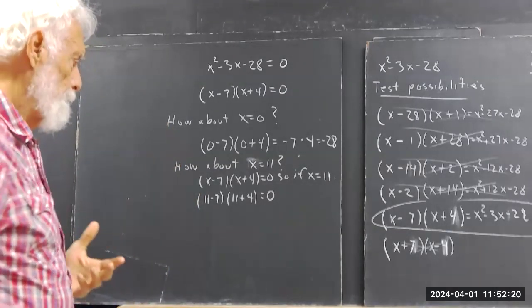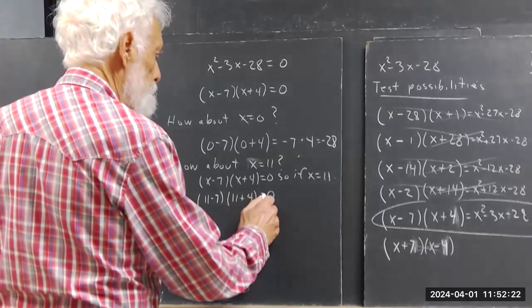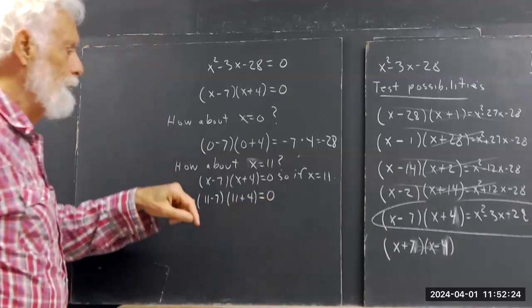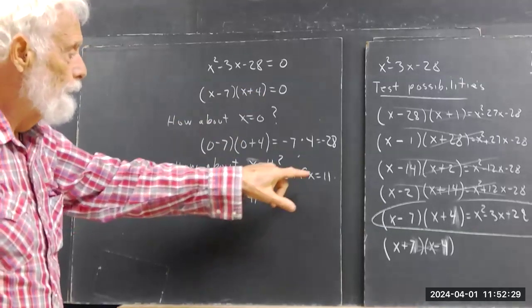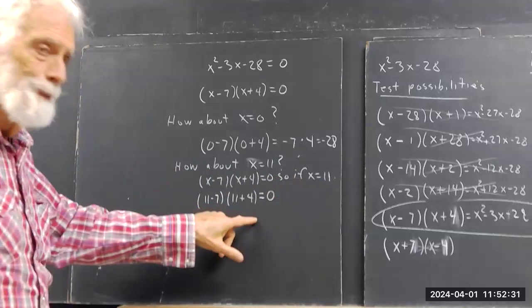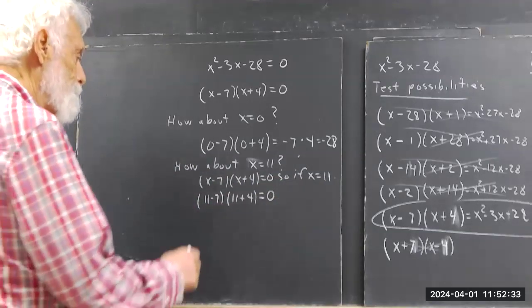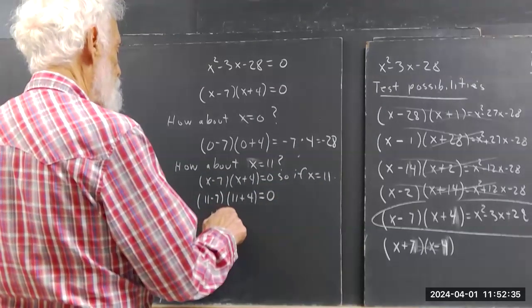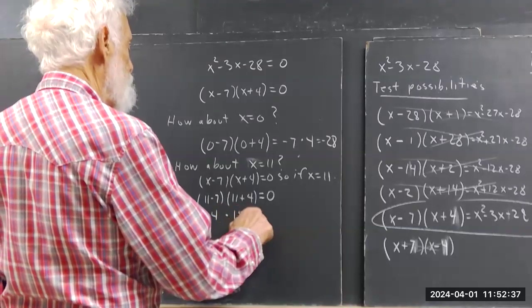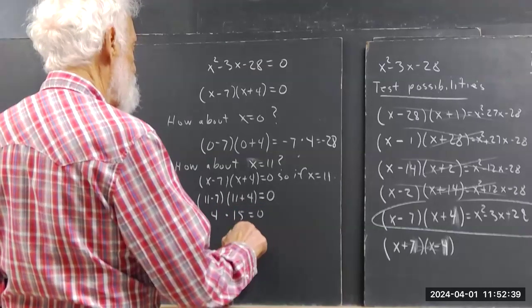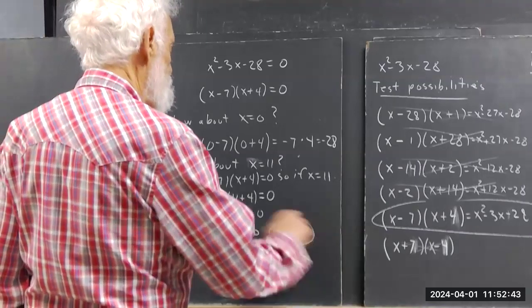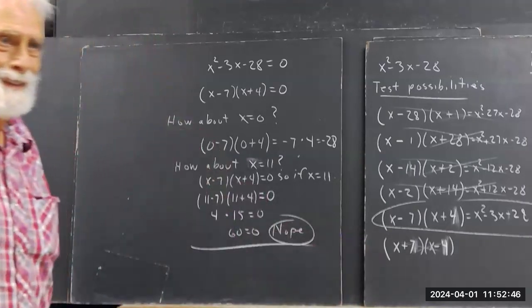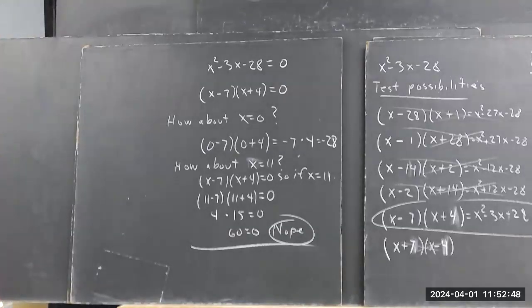Some people did. So again, I suggest you write out the expression. If x equals 11, we get this, and we get 4 times 15 equals 0, 60 equals 0. Nope. So what other numbers might we try?